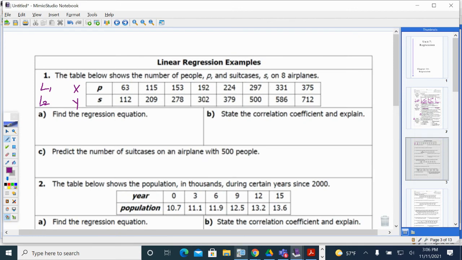Part B says state the correlation coefficient and explain. So the correlation coefficient is 0.992. Now, 0.992 is extremely close to the number 1. So what that means, and because it's a positive, is we have a strong positive correlation.